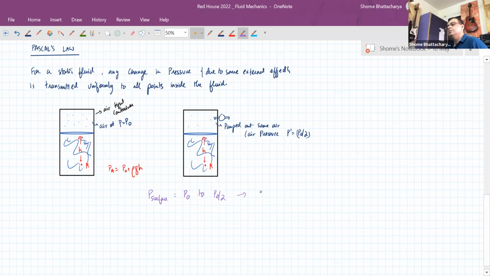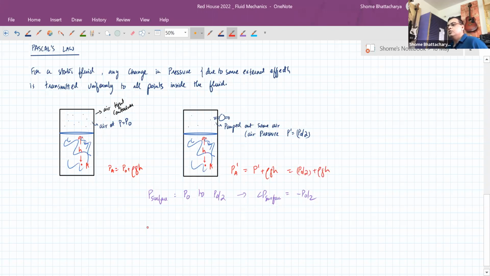So there is a change in pressure at the surface of minus half of the atmospheric pressure. Now, if you look at that point A again, the new pressure at that point A will become the pressure at the surface plus rho gh. So this time the pressure at the surface is P naught by 2 plus rho gh.